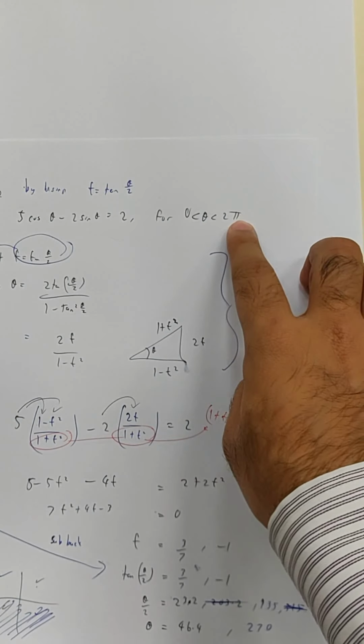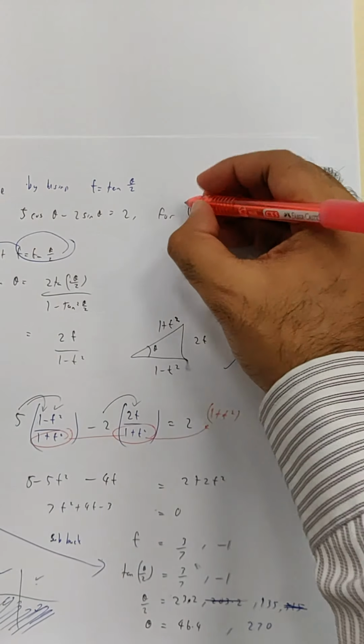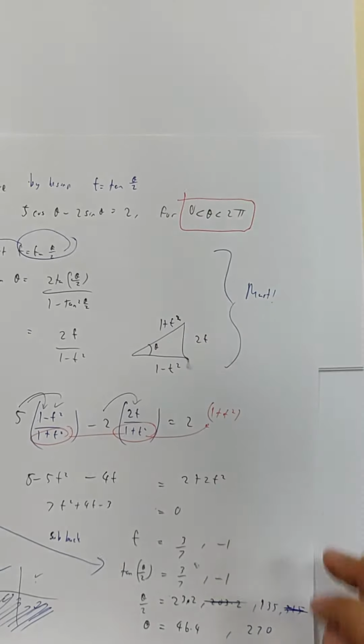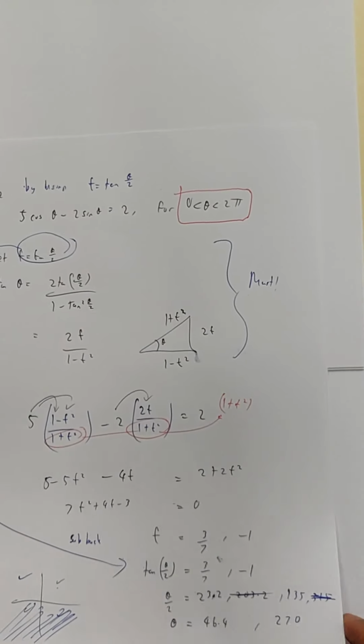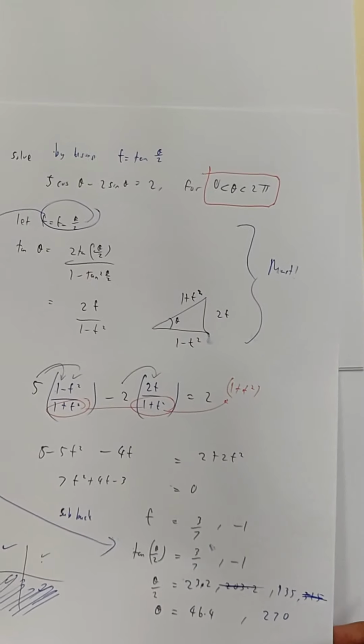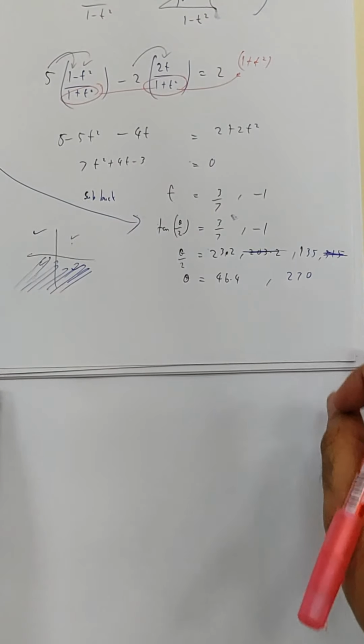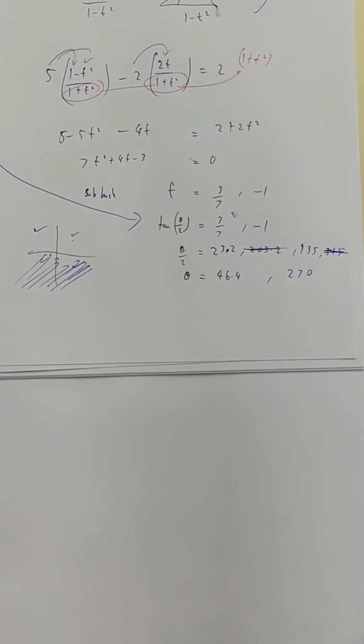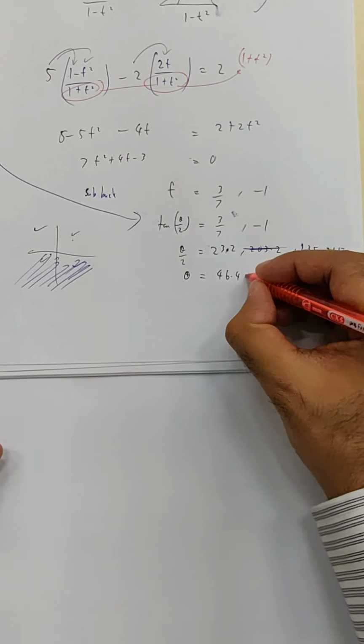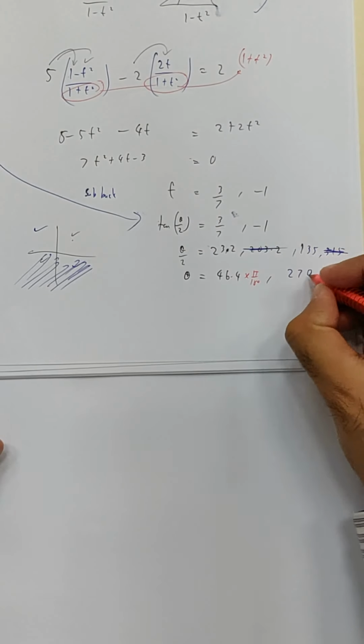The question is in 2 pi. If you miss this part, please take a red pen, make a box for it. That's a normal mistake in exams. So we need to change them into pi. How do we change them into pi? Simply times pi over 180.